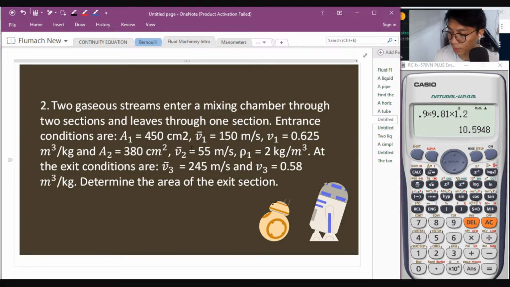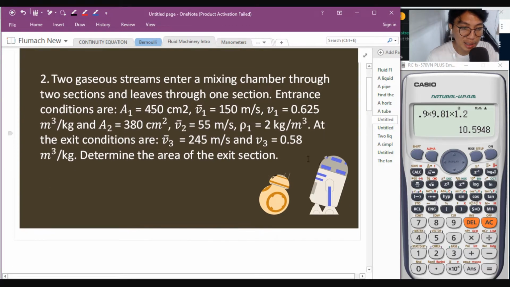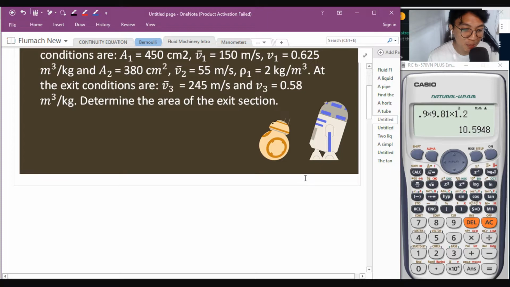So, you have here a mixing problem. Okay? There are two gaseous streams entering a mixing chamber through two sections and leaves through one section. Entrance conditions: A1 is 450 cm squared. Velocity is 150 millimeter per second. And then specific volume. Ano ba yung specific volume?